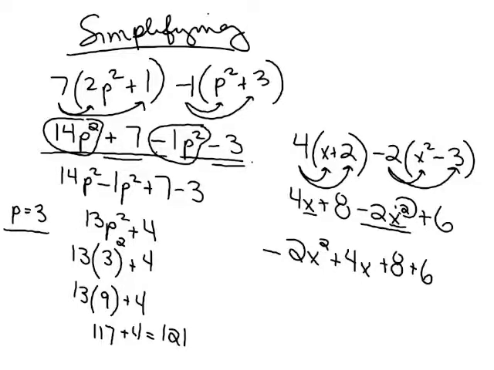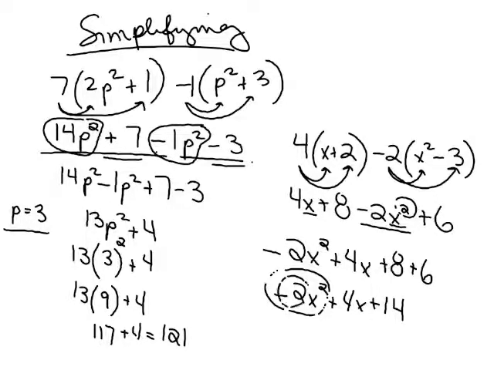Okay. Can I simplify at all? The 8 and the 6. Okay. So I have negative 2x squared plus 4x plus 14. So this first term in the equation is called the leading term.